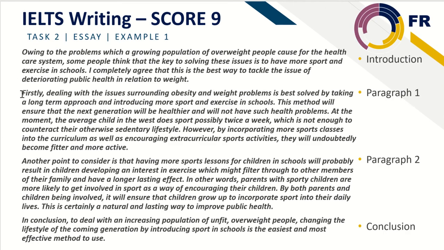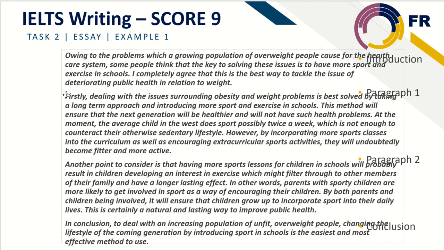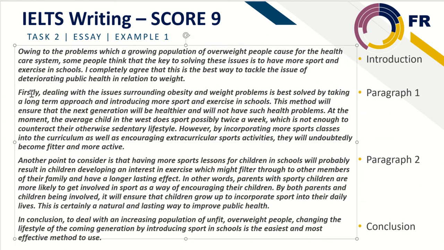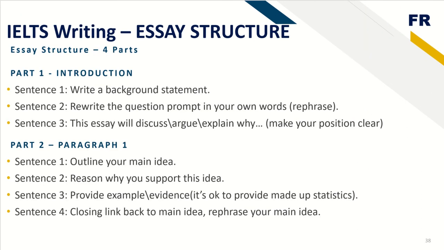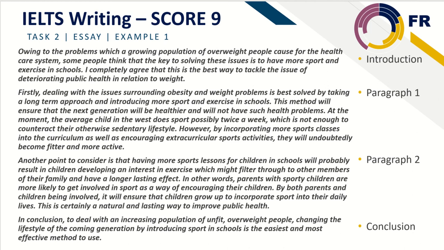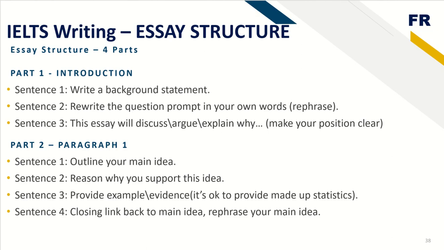Paragraph 1. "Firstly, dealing with issues surrounding obesity and weight problems is best solved by taking a long-term approach and introducing more sport and exercise in school." Okay, so what you've done here is basically provide your stance once again, which is to outline your main idea, meaning what you're going to talk about in this particular paragraph.